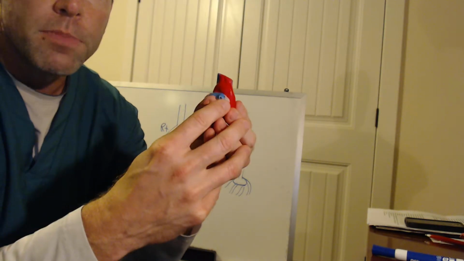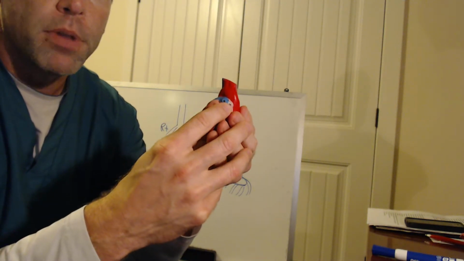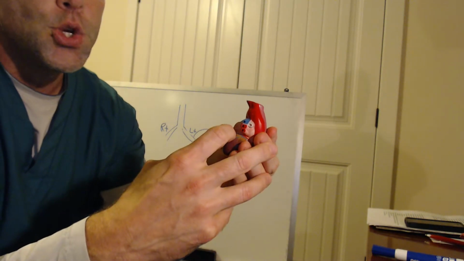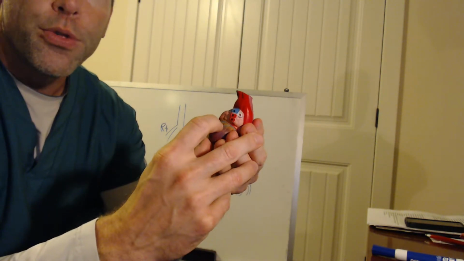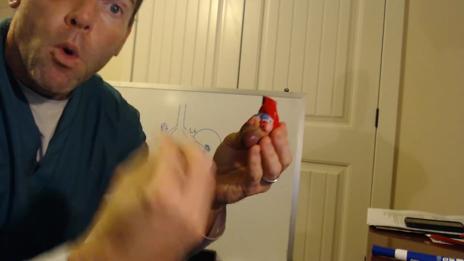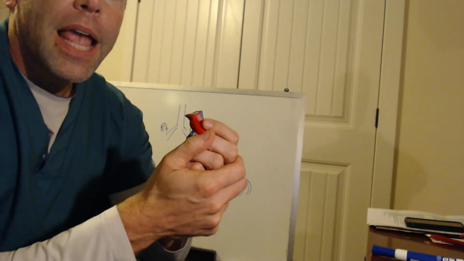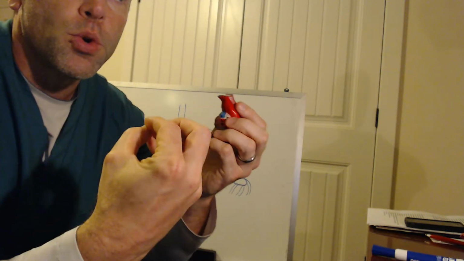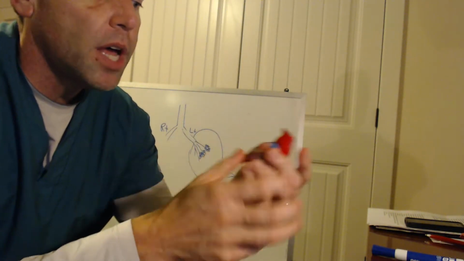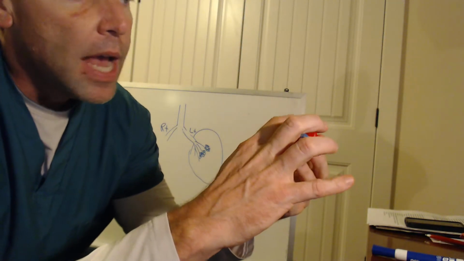And so ultimately, oxygen-rich blood now moves from the left atria into the left ventricle through the mitral valve, and the left ventricle is a much more muscular structure than the right ventricle, and so that additional muscle mass gives the left ventricle enough force to be able to push the oxygen-rich blood out through the aorta.